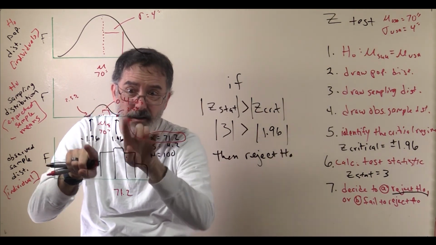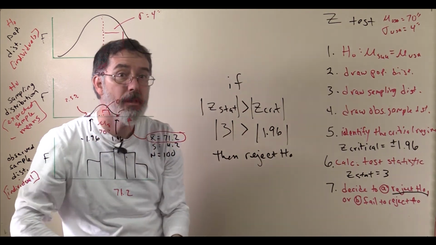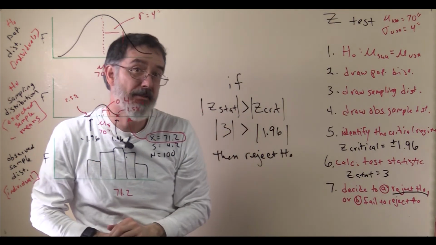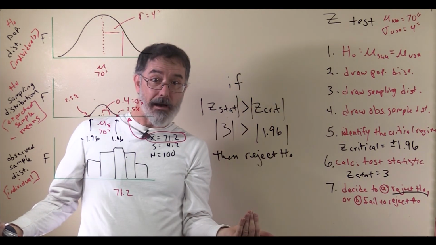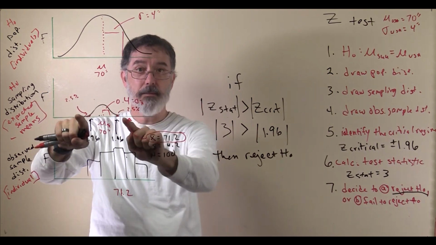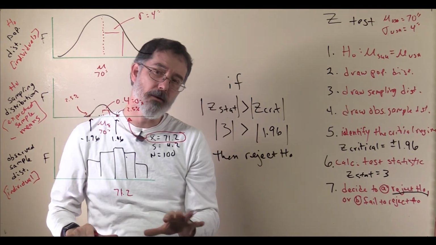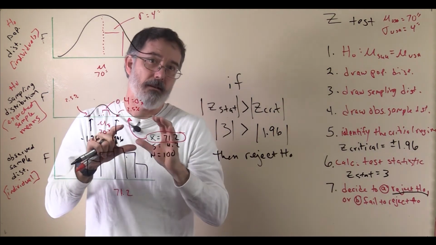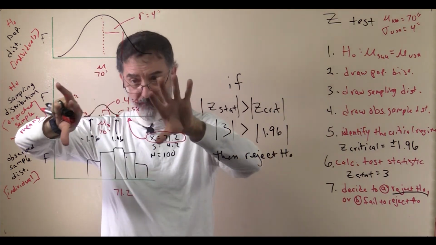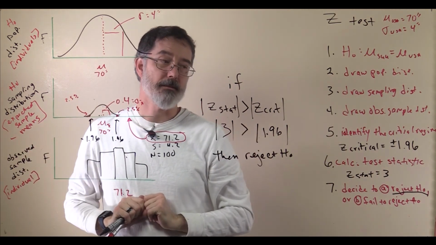That's a very, very unlikely kind of sample, but it's plausible. It does happen. Maybe like 1 in 1,000 times or 1 in 1,000,000 times. So we could have a very unusual sample just due to random sampling. But it's so unlikely that we're just going to follow the rule that if it happens less than 5% of the time, we reject the null hypothesis.